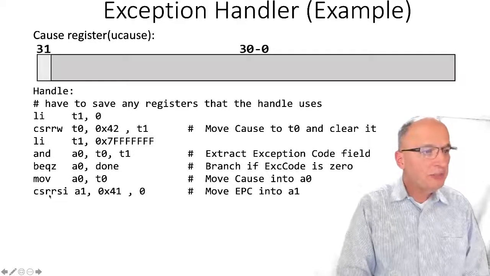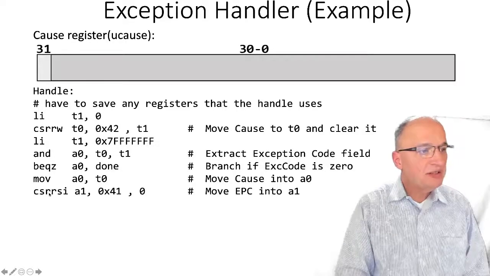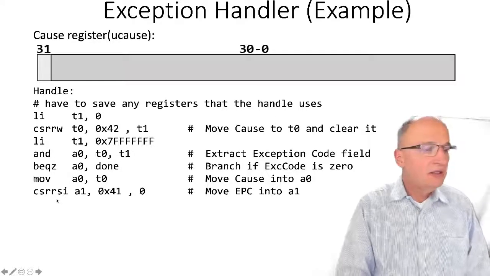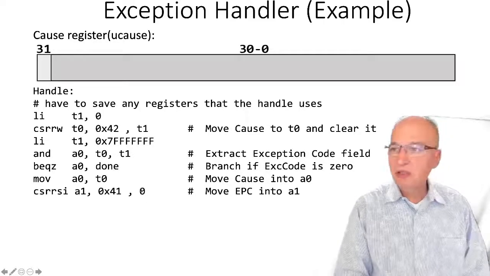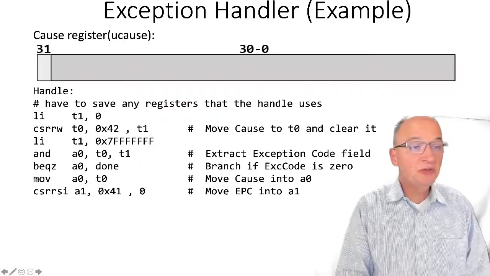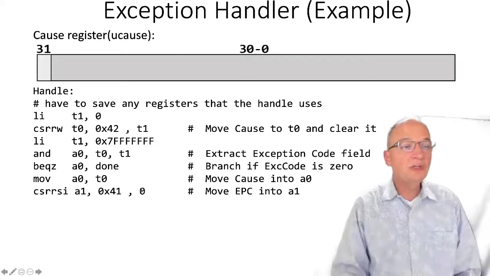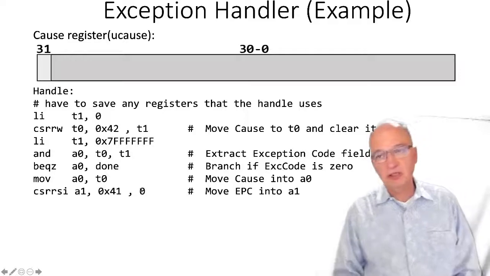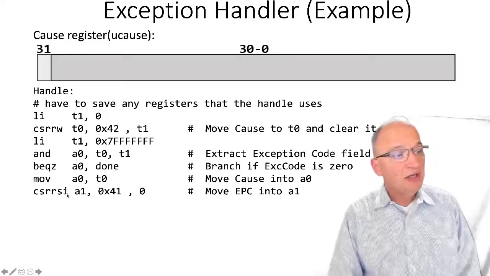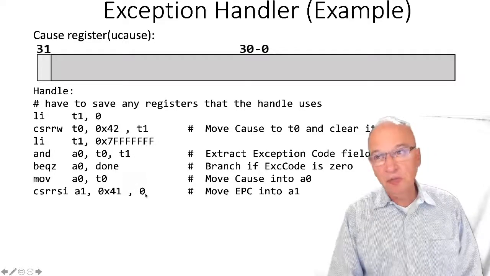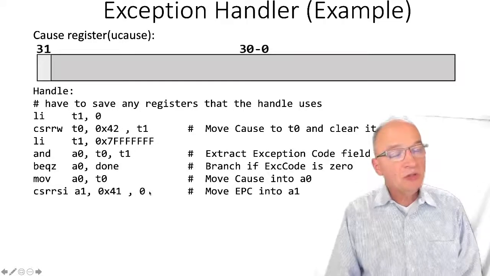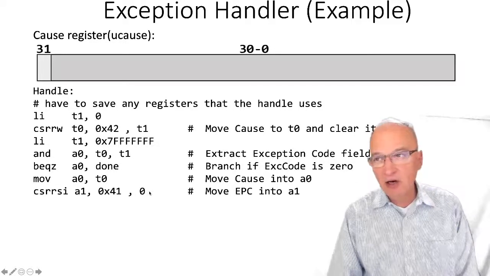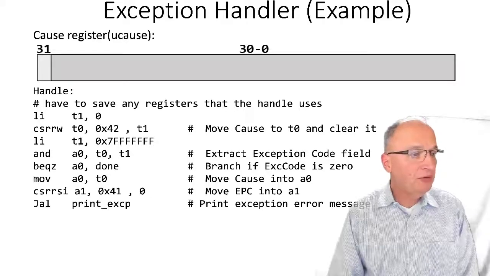This is the CSRRSI, that is the read and set immediate, and I use an immediate of 0 here, which means that no bits are going to be set. So that's a way to simply copy a value from one of the control status registers into one of your registers: use, for example, one of the set instructions, but specify no bits to be set, because then the original register is not changed. So this gives me the address of the instruction that caused the exception into A1.